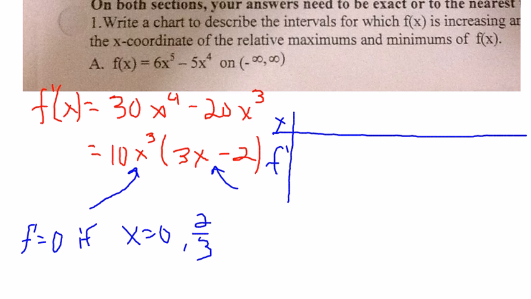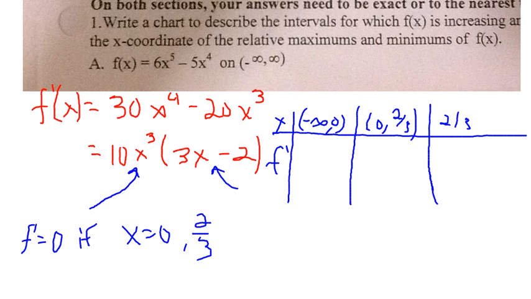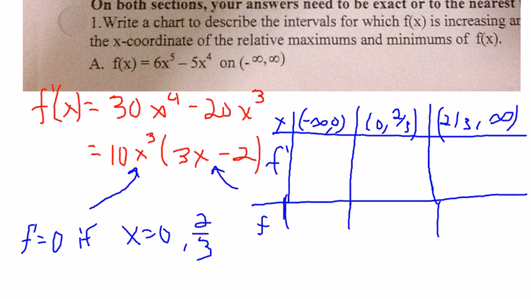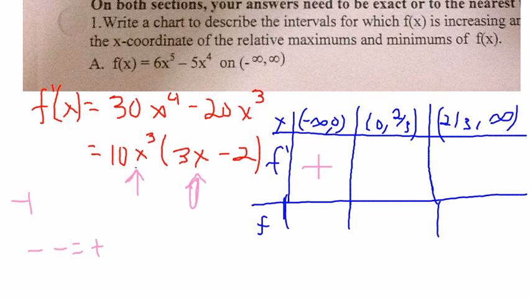So I've got negative infinity to 0, then from 0 to 2/3, and then from 2/3 all the way up to positive infinity. Then I'm going to do what f prime is doing, and then what f is doing. Maybe I will erase some of this stuff here.